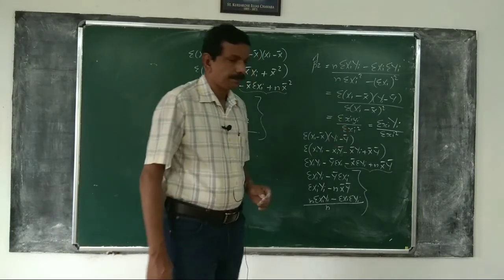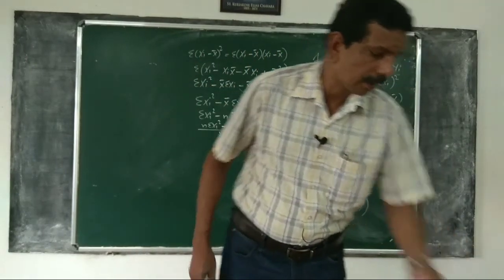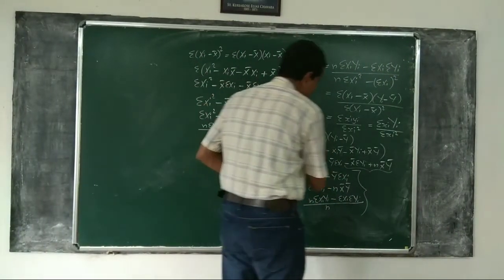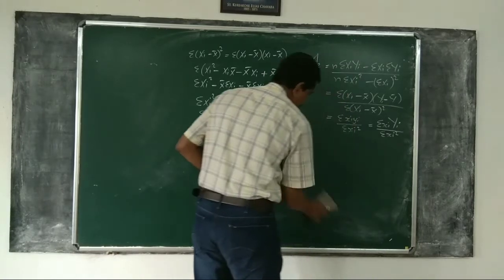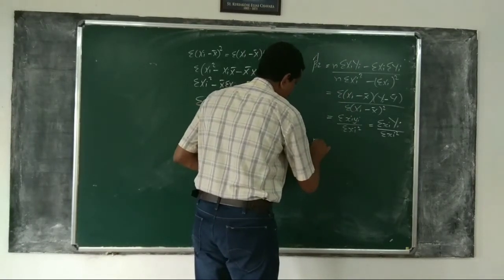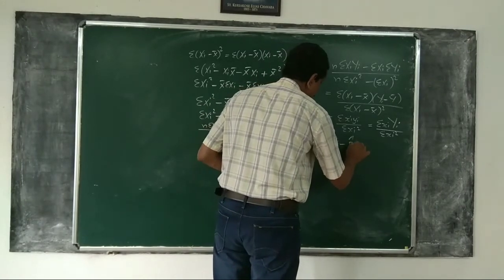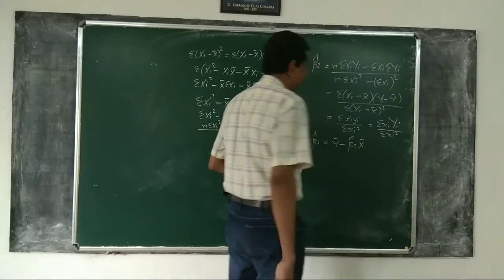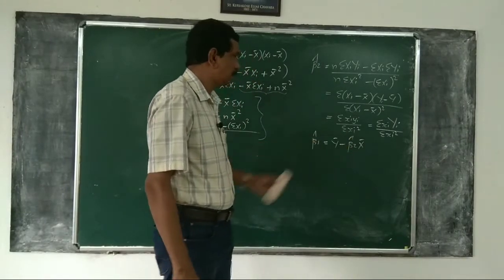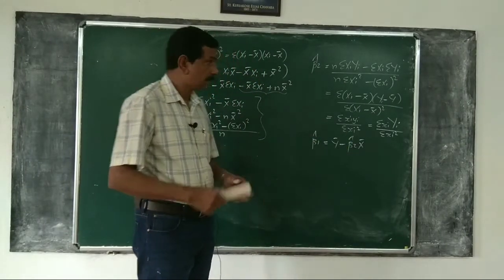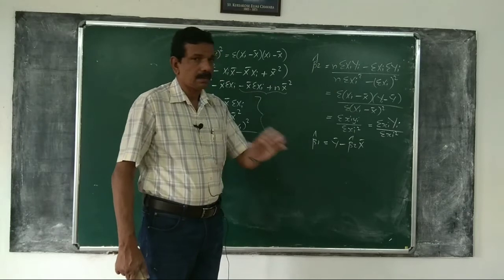And beta 1 hat in deviation form is simply y bar minus beta 2 hat x bar. So, keep in mind all these equations.